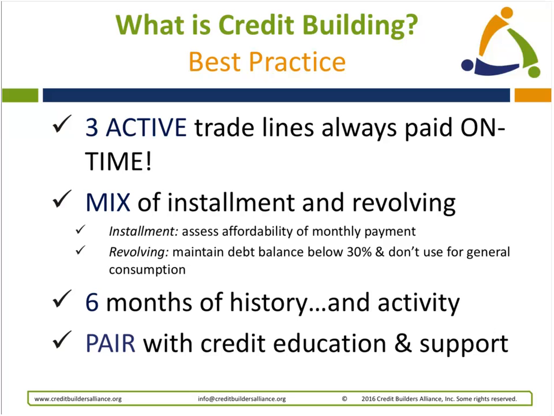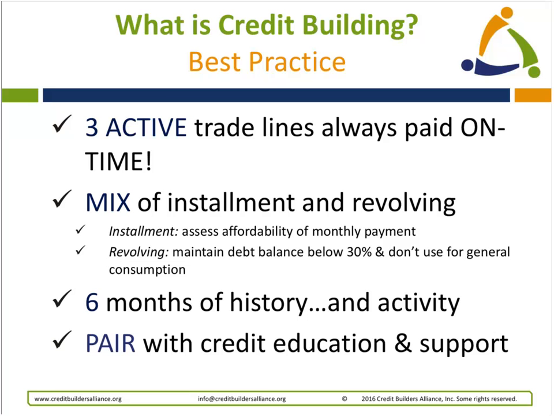And while 3 active trade lines is the recommendation, our members have seen that people who are starting out with no credit or only old credit history, and who add only 1 installment loan of as little as $100 and pay it on time, have been able to establish a score in the upper 600s and can increase their score by an average of 35 points in just 6 months to a year.